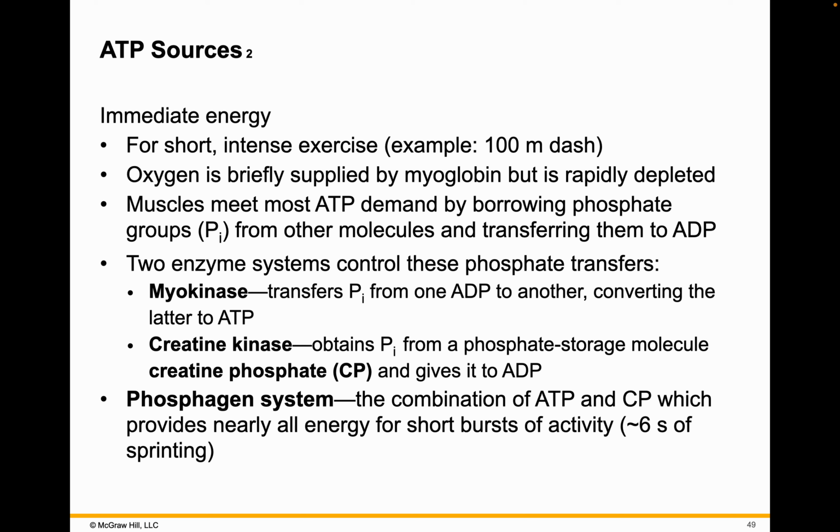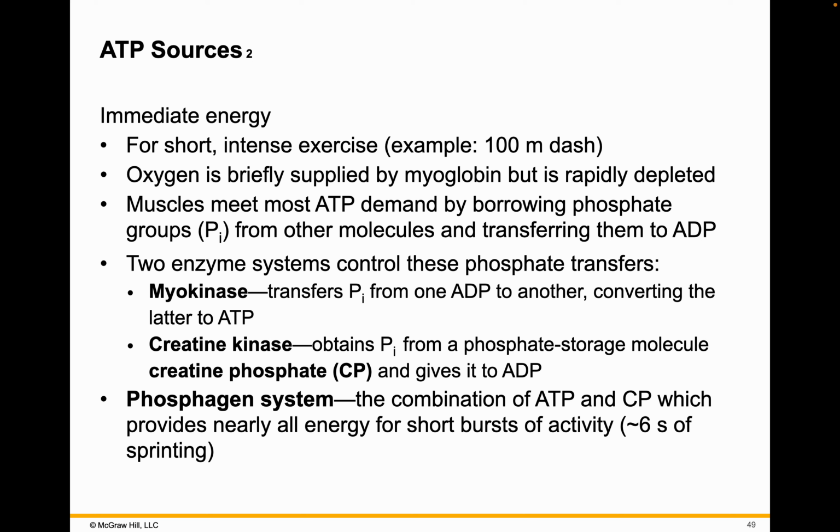So our immediate sources for short, intense exercise: oxygen briefly supplied by the myoglobin but rapidly depleted. Muscles meet most of their ATP demand by borrowing phosphate groups from other molecules and transferring them to ADP. Two enzymes control the phosphate transfers, myokinase and creatine kinase.